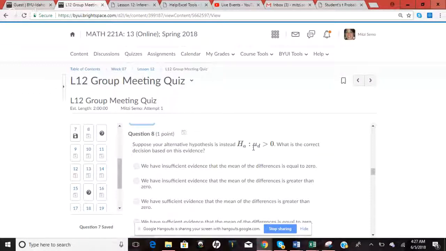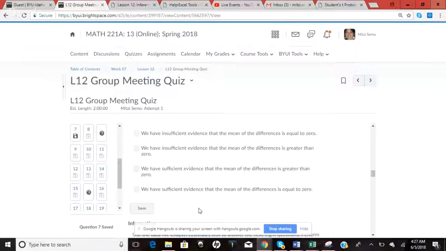So it is not greater than the null. So we have sufficient evidence that the mean of the difference is equal to zero.